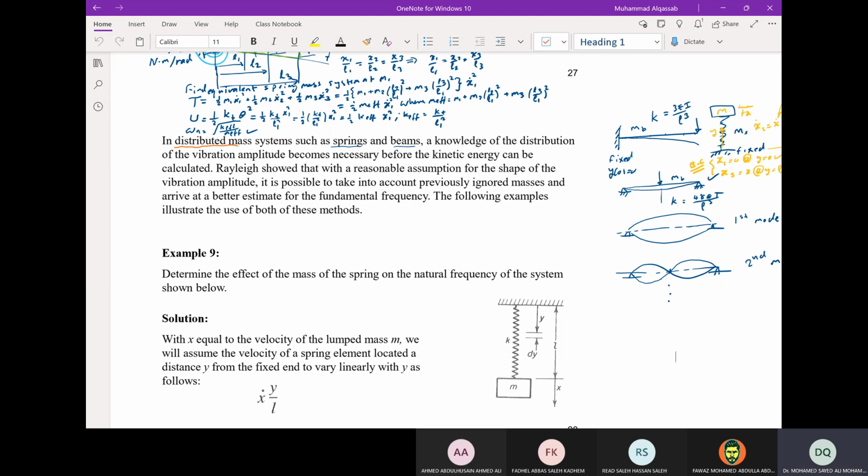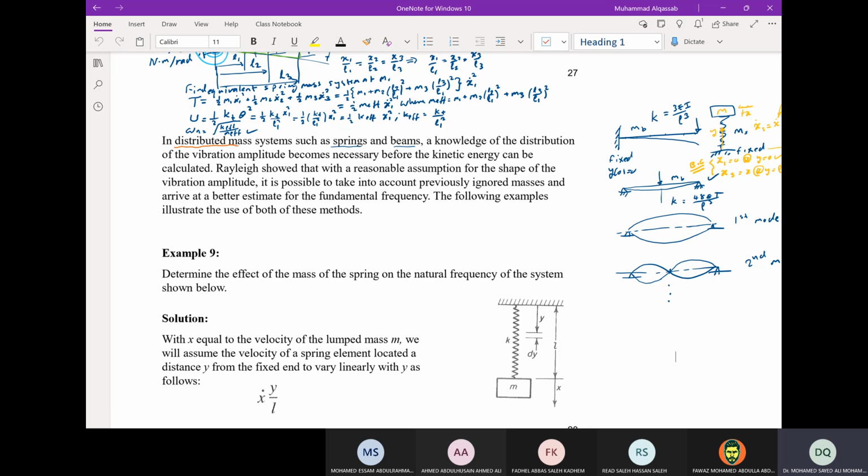In order to get the effective mass at a specified point, we have to know the deflection shape of the vibration.